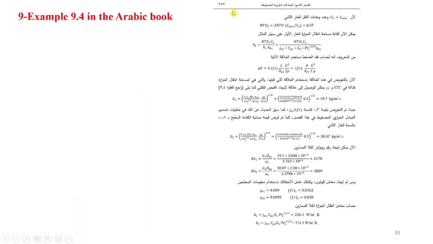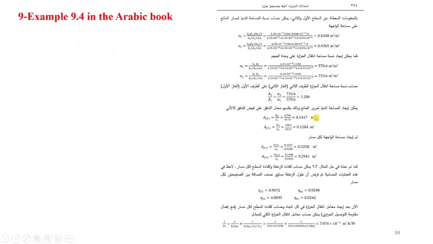That is the whole procedure of finding the size, or sizing, of the heat exchanger. This is page 352, which is page 2, and this is page 3, finding the heat transfer coefficient and the initial value for G1 and the initial value for G2.